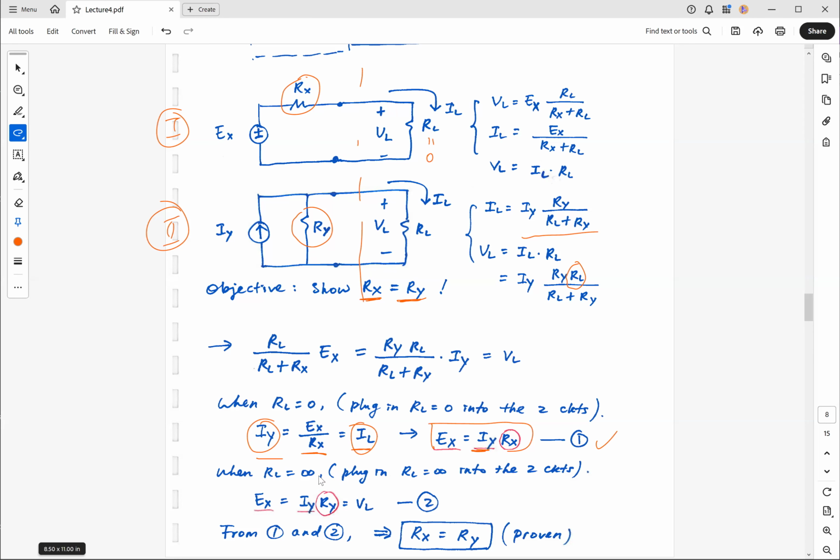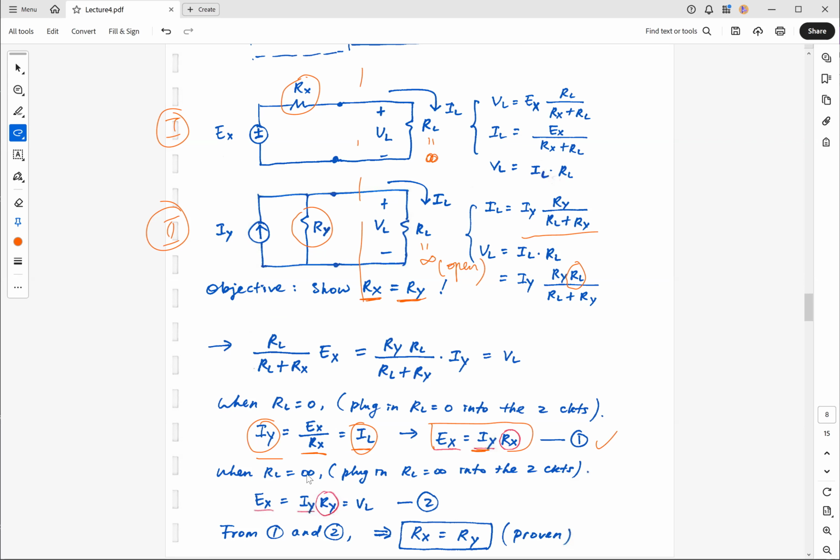So when the same RL is now equal to infinity, we know that this corresponds to an open. So I'm going to again evaluate this condition using these two circuits.